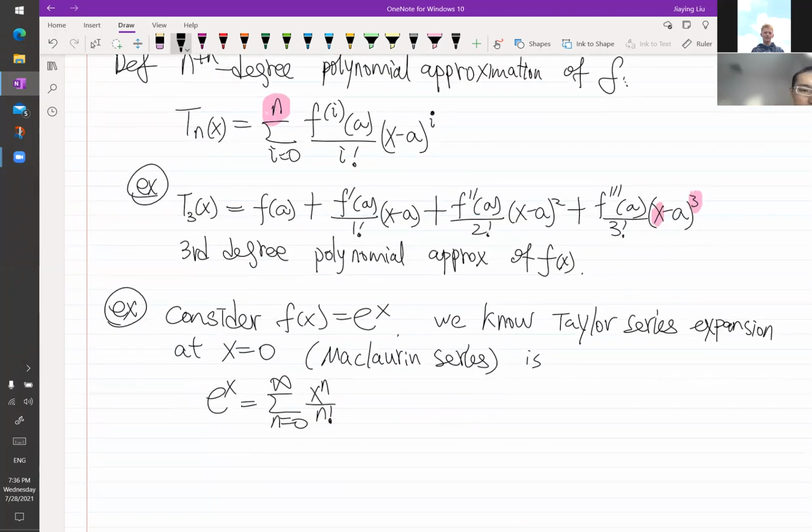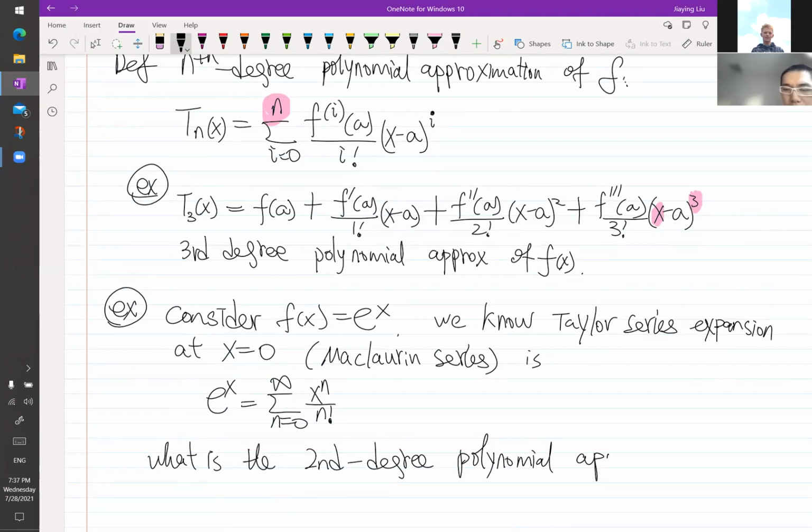So the question is, what is the second degree polynomial approximation at a equals 0? Sorry, at a equals 0. So what is the second degree polynomial?